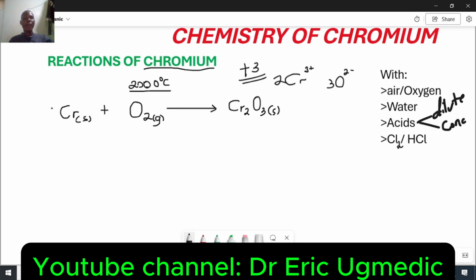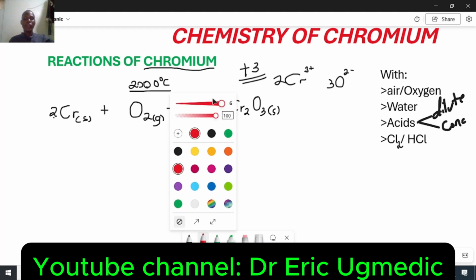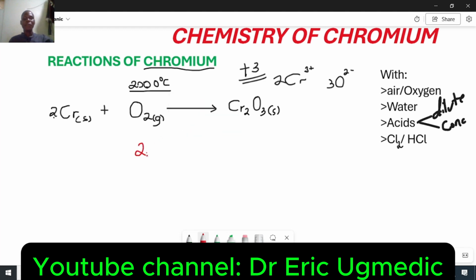I can multiply by a 2 here. So I'll have the chromium balanced. However, the oxygen is not balanced in that this side I have 2, but on the right hand side I have 3. So how will I balance this? I can multiply this side by a 2 and then this side by a 3.